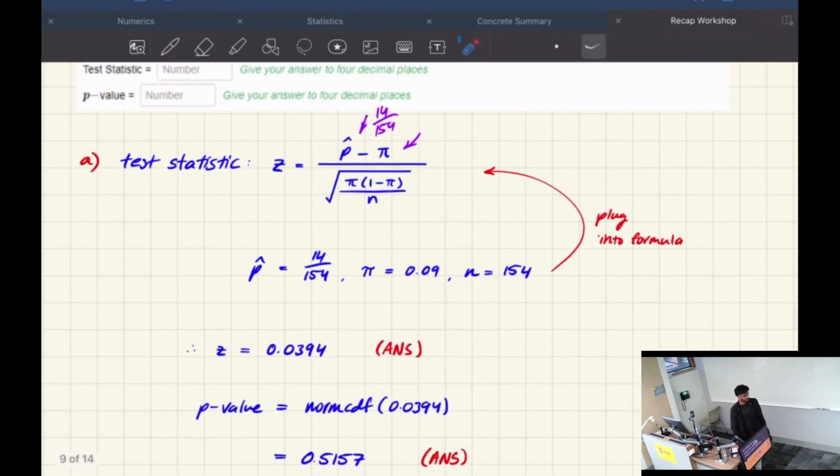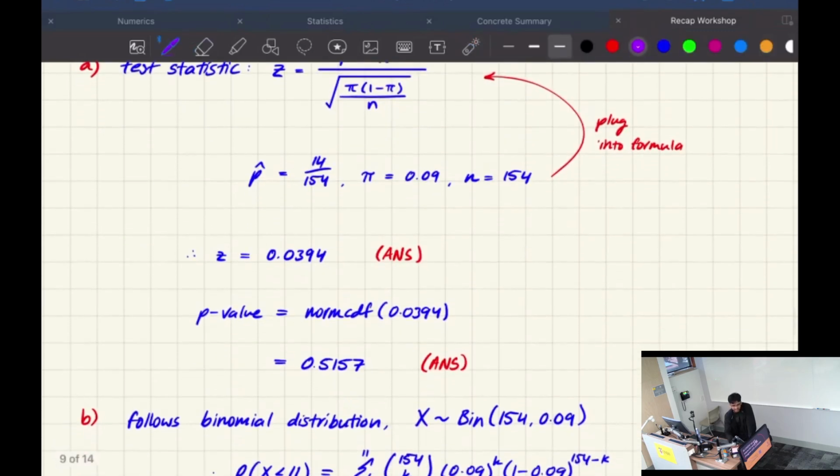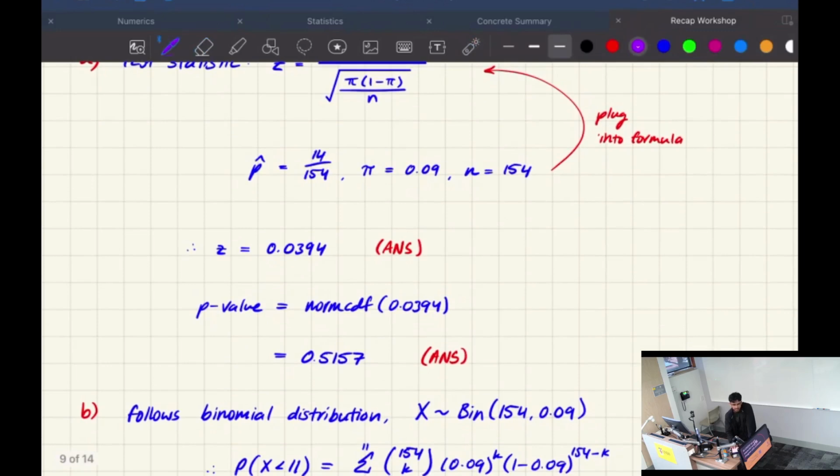One thing I want to ask though, does this provide evidence against H0? No. No, it's too big, right? So if it's like less than 0.001, oh no, 0.01-ish, approximately, then you would have evidence against H0. But because it's like way too massive, yeah, it doesn't provide evidence. So it might be 0.05, I'm not sure.